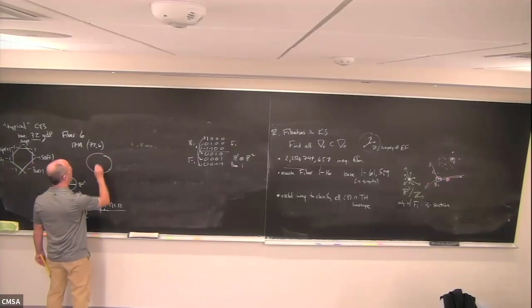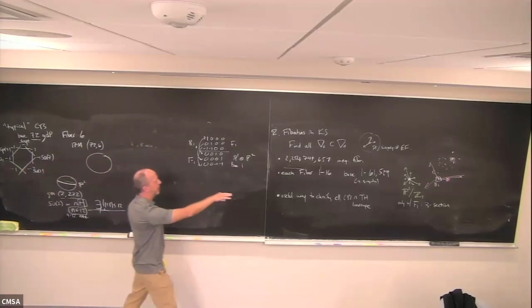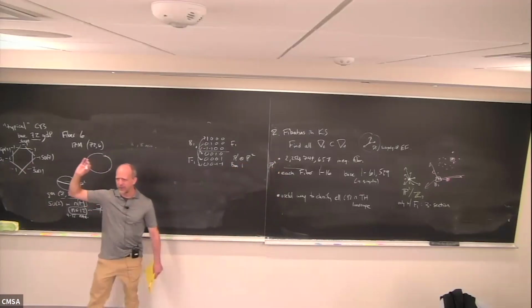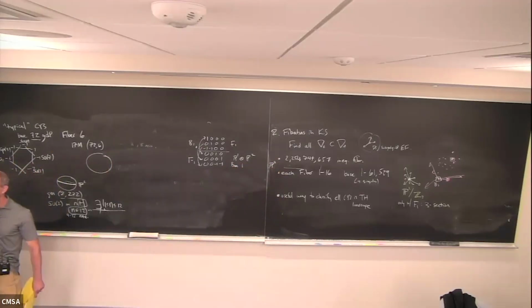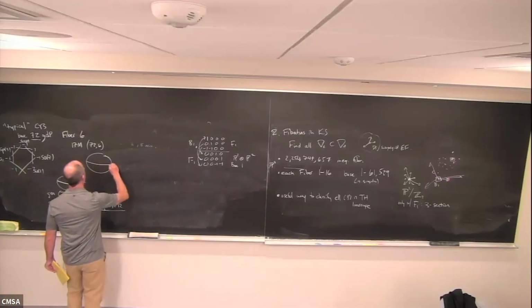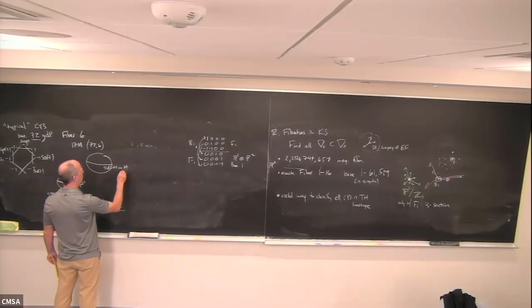So for instance, Volker Braun years ago did basically the same classification just for the base P2. And he found, I don't remember what the number is, 200 and something thousand different fibrations over P2. And one of them is an SU27 over H on P2. And that violates anomaly cancellation.